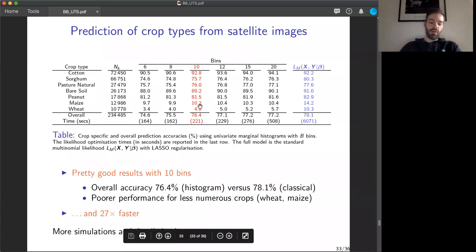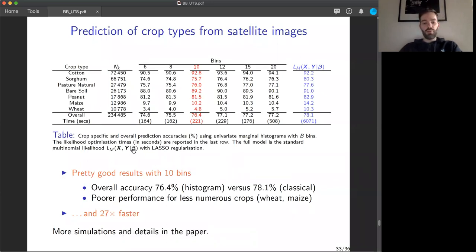Okay, so again, in this paper that is available online, we have done more simulations, and there is also an application to a supersymmetric data set. This data set, we got it from another paper, a JASA paper from Wang in 2018, where the authors are looking at a subsampling method to decrease the computation time of logistic regression.